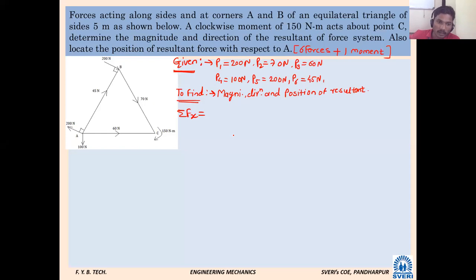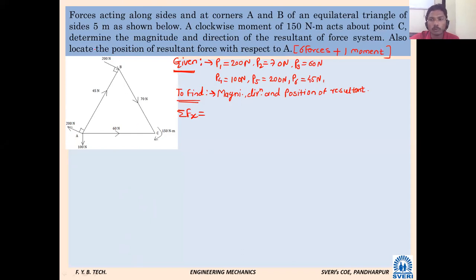So you have to find the angle of each and every force. Just think what will be the angle made by this 200 Newton force, either with horizontal or vertical. Can someone tell me what will be the angle?